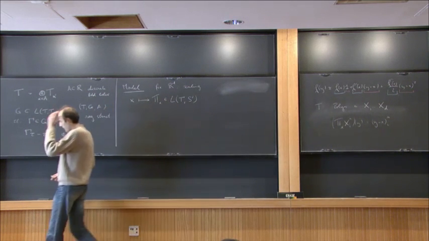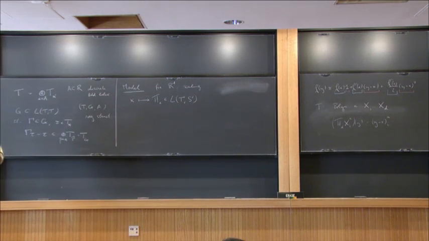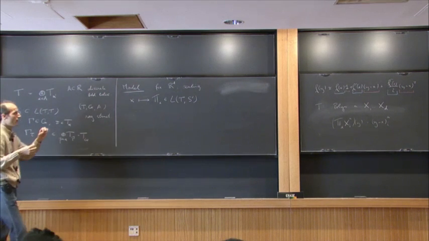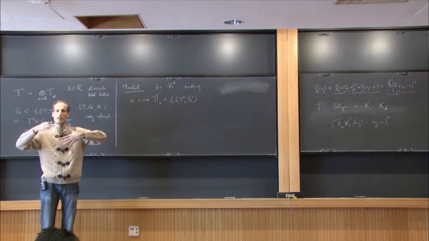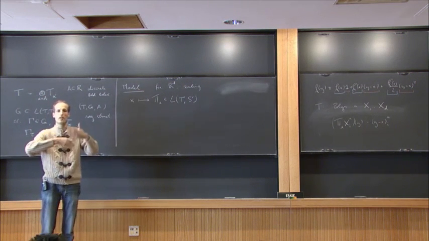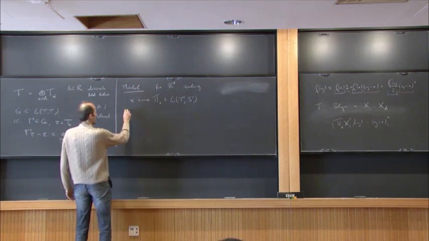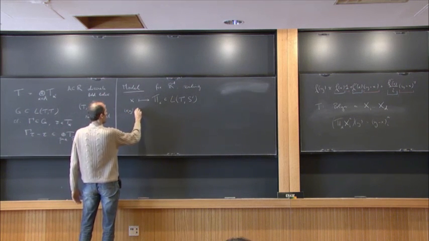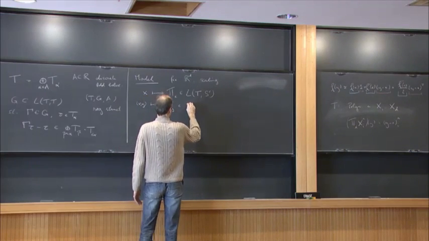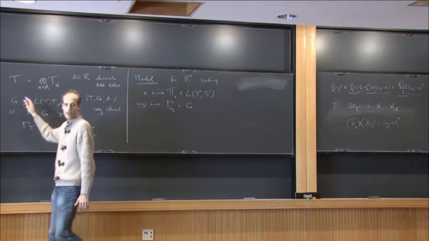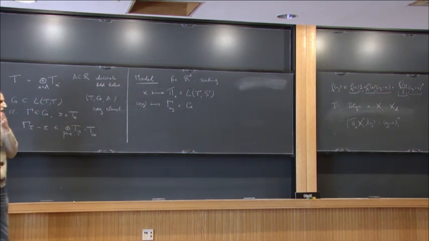Okay. But then we want more, because we also want to know how these pi x's fit together. Okay, so we want to know that for any 2 points x and y, we want to have this operation of taking an expansion around one point and re-expanding around the other point. So what it means here is that for any 2 points x and y, we want to give ourselves an element gamma xy of this group G. Okay?